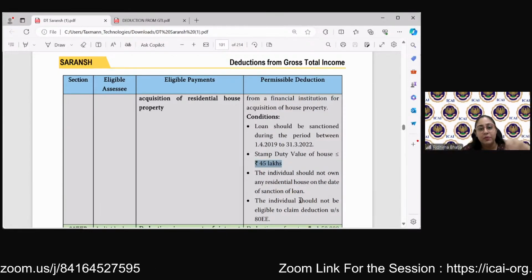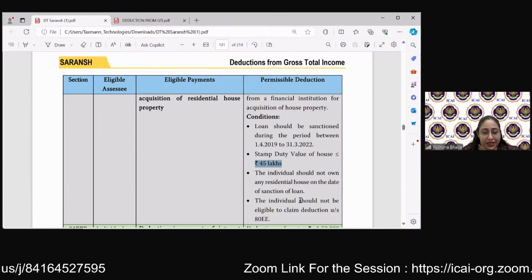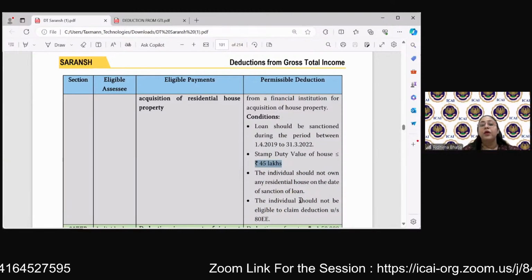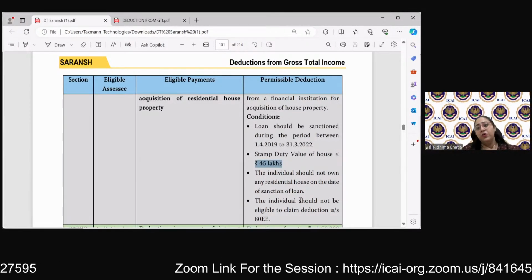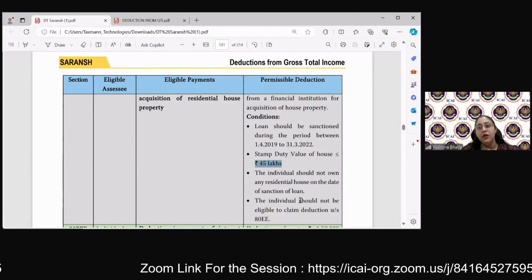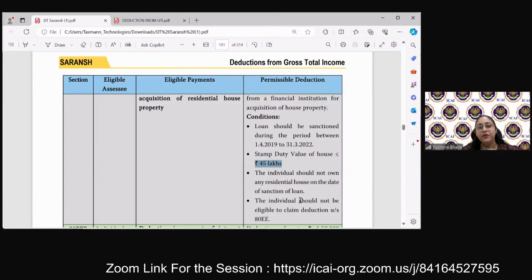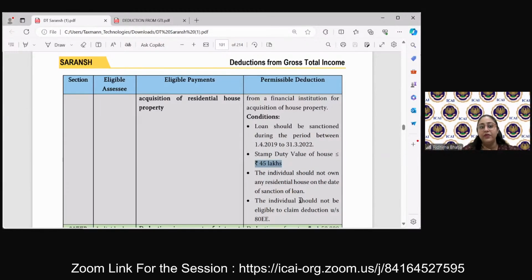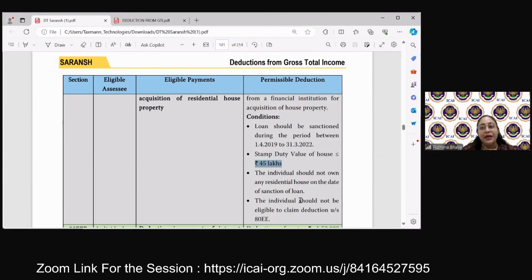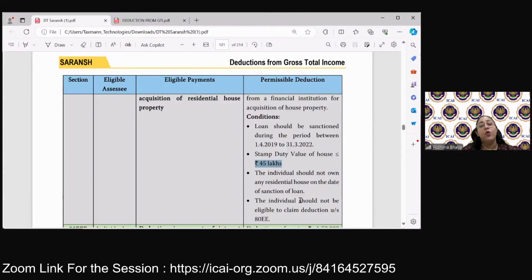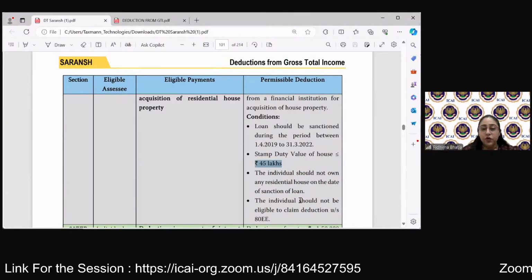It will not lapse. But here, if you're claiming under section 80EE or 80EEA, the maximum reduction is allowed only to the extent of gross total income. The interest would lapse as it cannot be carried forward, right? If there is no sufficient income. So better to first claim all the benefit under section 24.